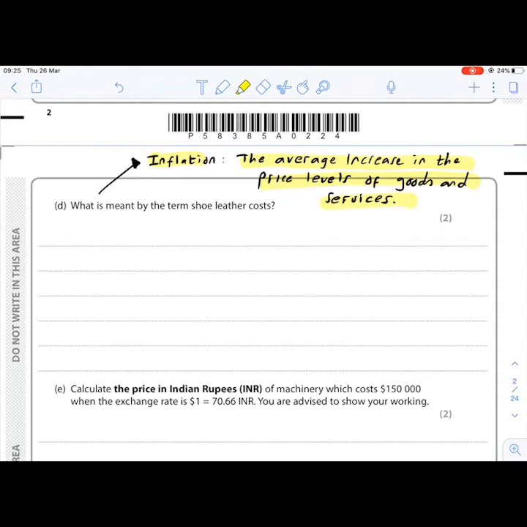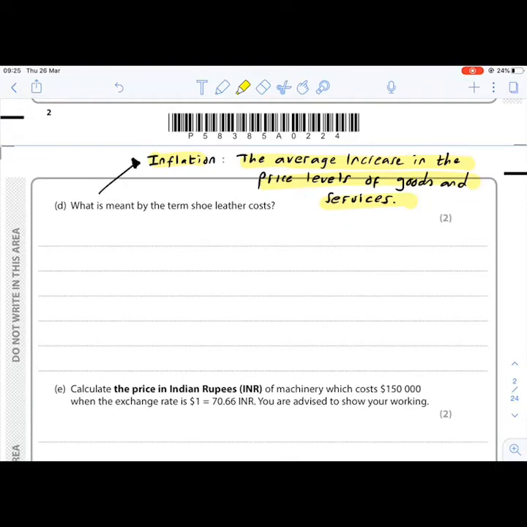Okay, so if price levels increase, consumers and firms will respond by searching for the cheapest price that they can get. Remember that firms are trying to maximise their profits. They want to spend as little money as possible. And consumers as well have budgets to manage. Consumers only have a limited amount of disposable income.